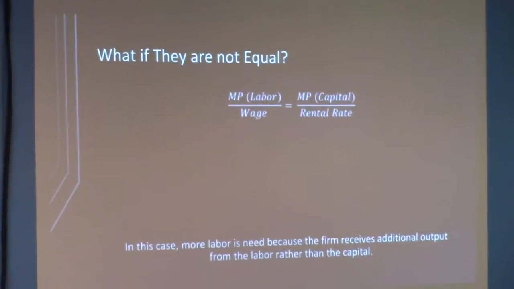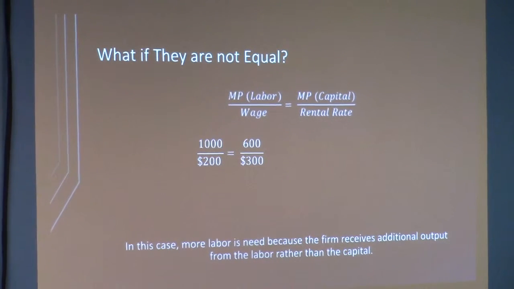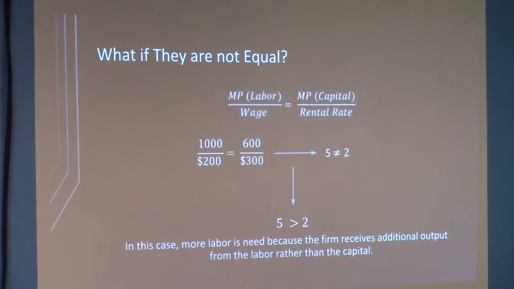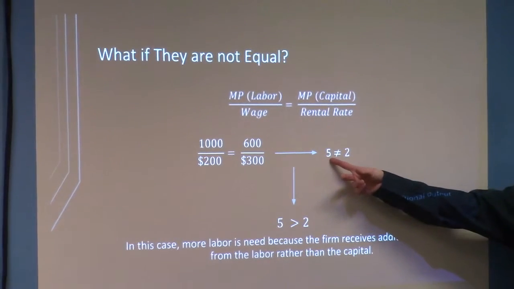If they weren't equal, and I apologize for my animations, they are a little off as I converted this to Google Slides, but for example, like in this one, 5 doesn't equal 2. So you would have a situation where they're not minimizing their costs. In order to minimize your costs, you want to have more labor in this case because you have a greater number here.